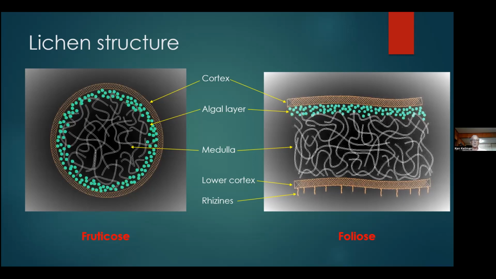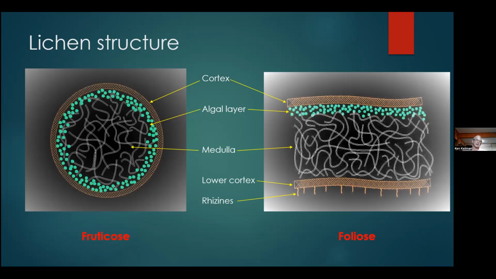And then on the bottom are some bodies called rhizines that are often present on foliose lichens. And those are attachment structures. They're not roots. They're not hollow. Nutrients are not being drawn up from the substrate into the lichen. There's simply attachment.